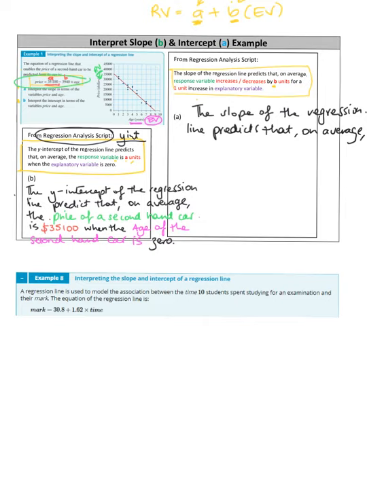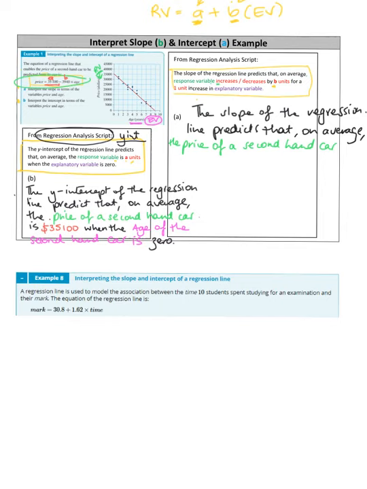So if I go back on here, my response variable is the price of a second-hand car. So I'm going to write it in green as well, so that on average the price of a second-hand car. Now I'm up to this part here, so it's increasing or decreasing.